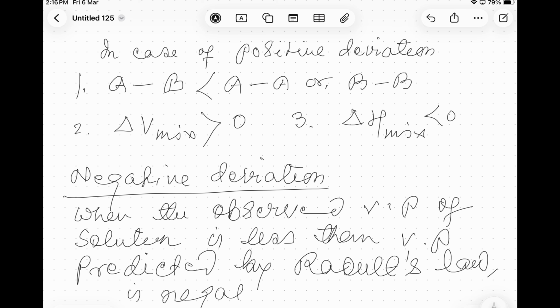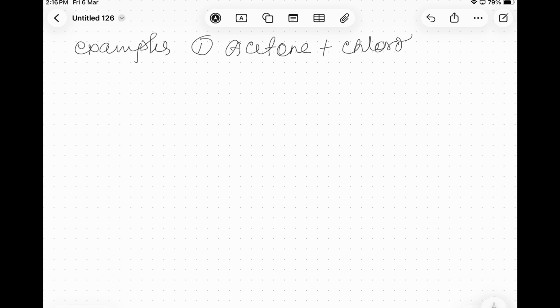Negative deviation. What are the examples? Examples are: number one, acetone mixed with chloroform, or nitric acid mixed with water.